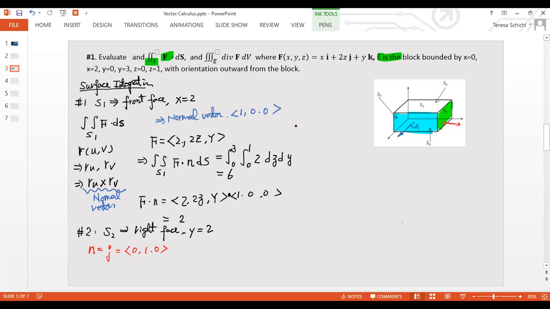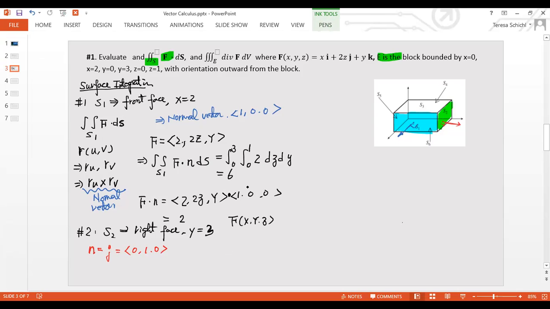Oh, I'm sorry, here it is y equal to 3. So now let's take a look at my F of x, y, z.